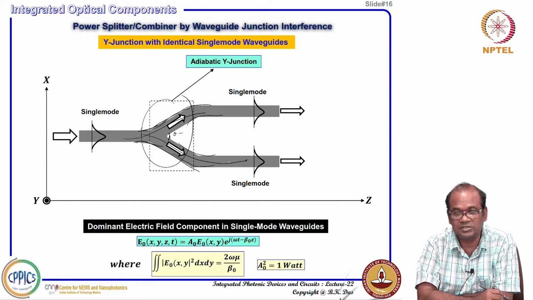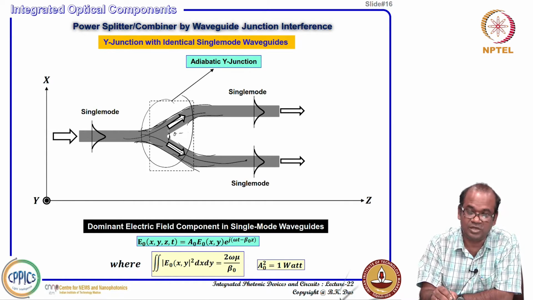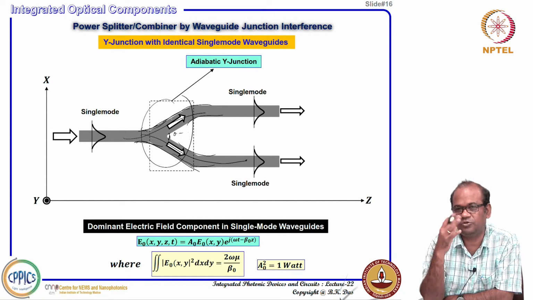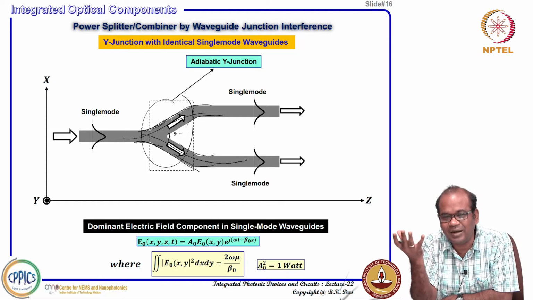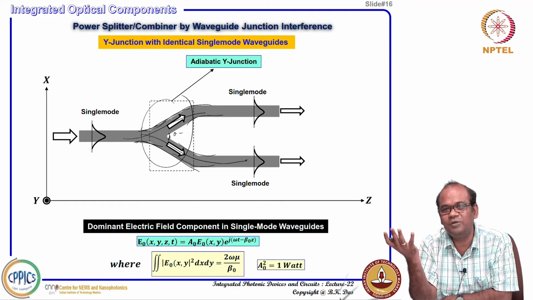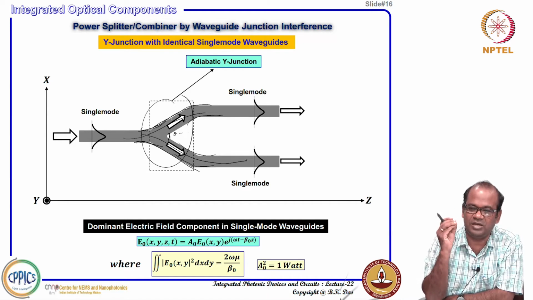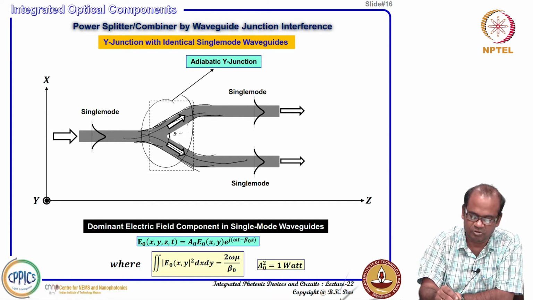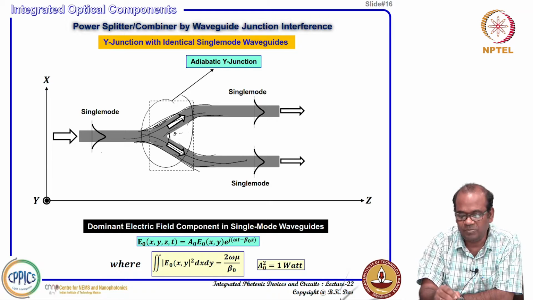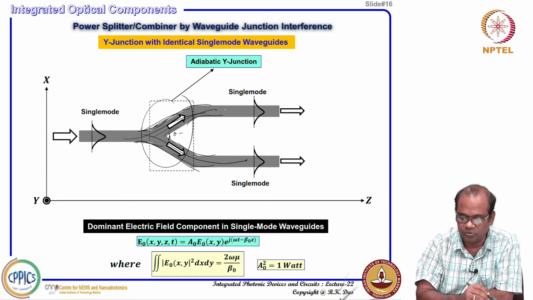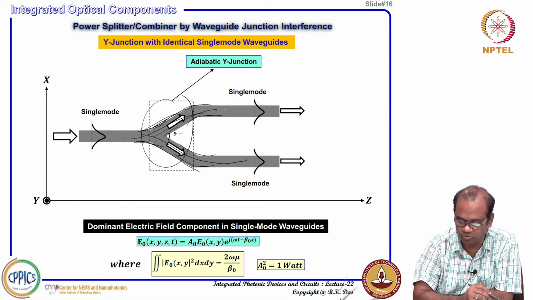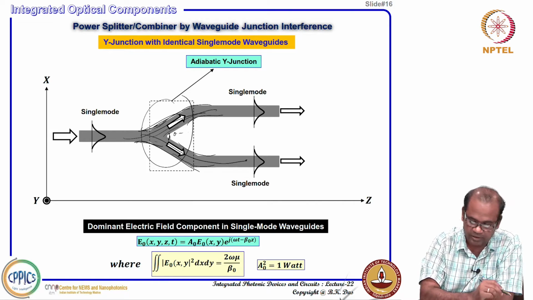If you can design such that the junction loss is minimum, then we can call it adiabatic. Practically you cannot get completely adiabatic, that means no loss at all, it is not possible, but you can minimize the loss here. If you design properly, almost all the power will be coupled into the two output ports. Fine.